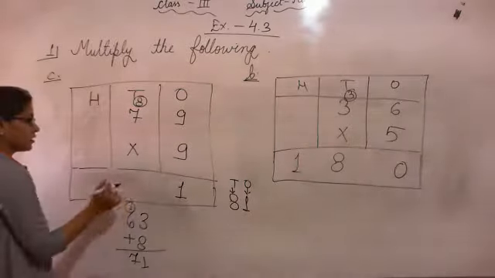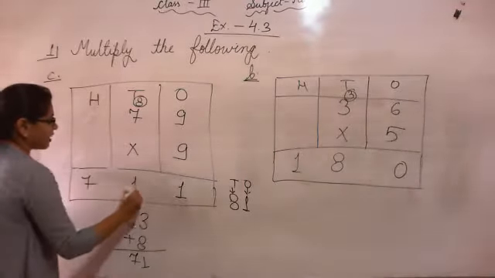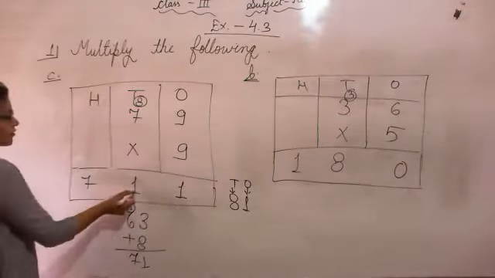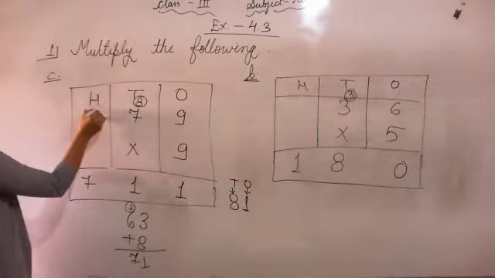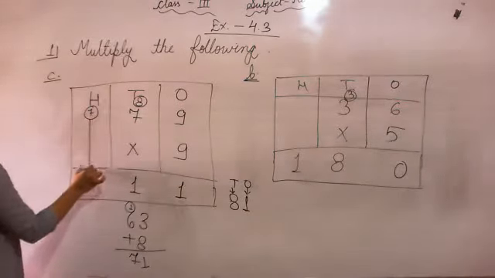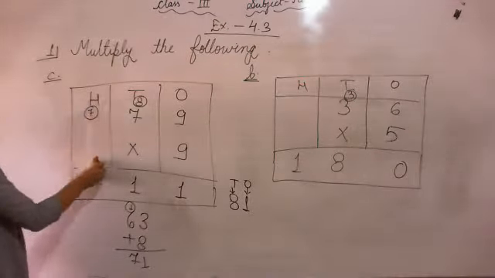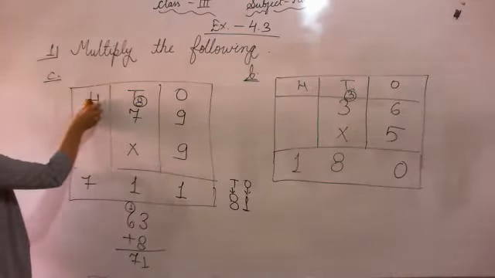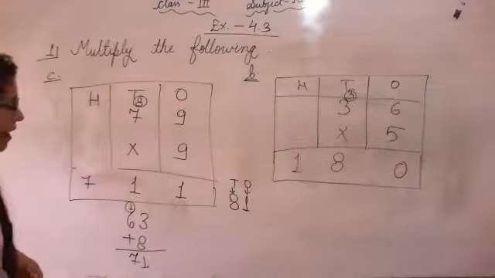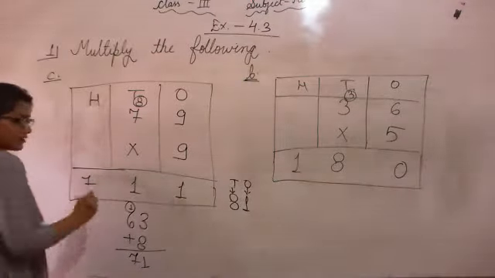So 71. So we will write 71. Or you can understand it like this: we will write 1 here and 7 in the form of carry. See, no number is there, so we will write 7 as it is. Okay, students? In any manner, you can understand this.